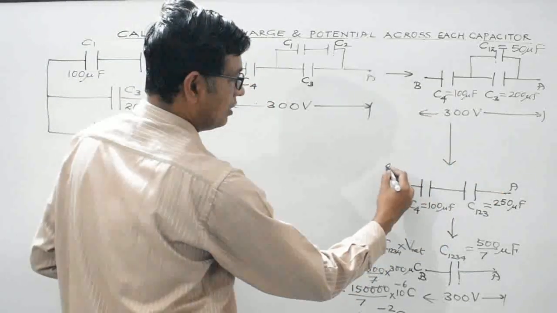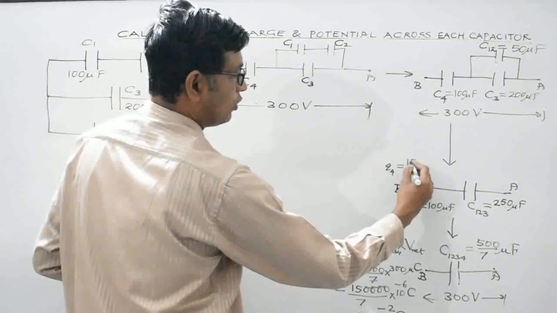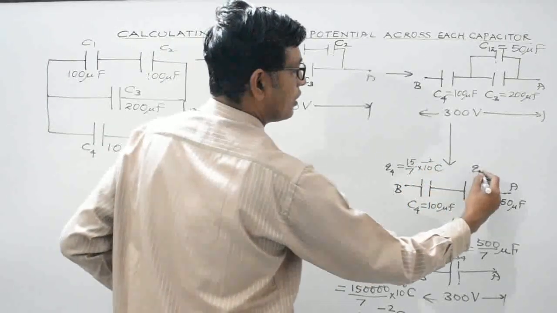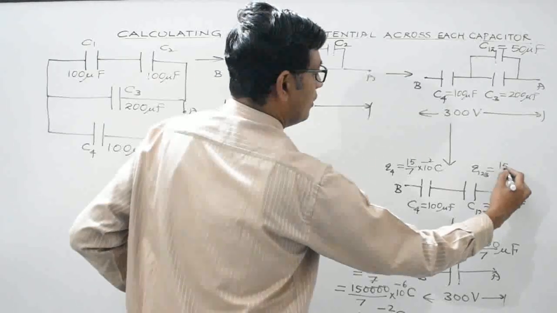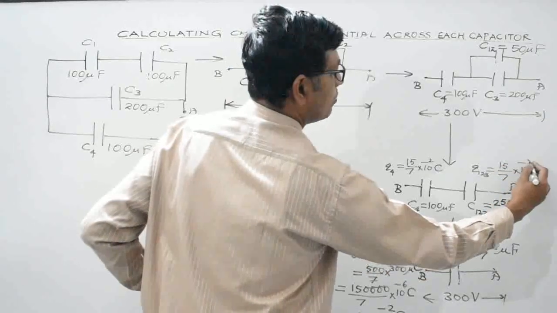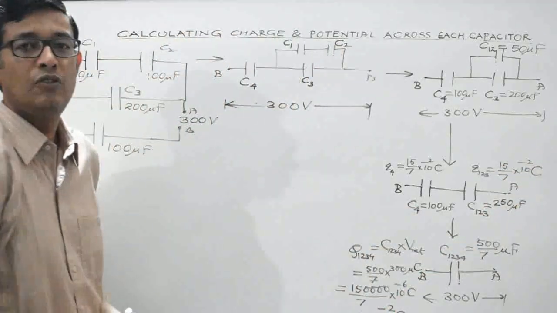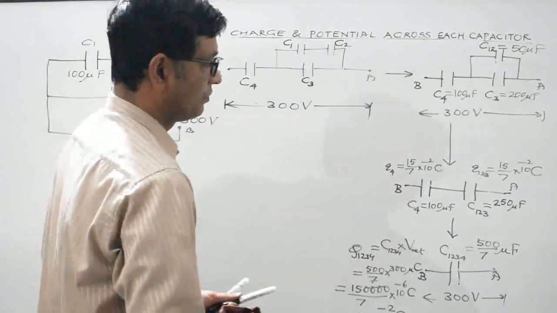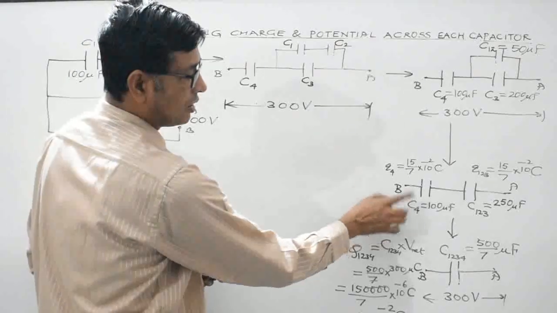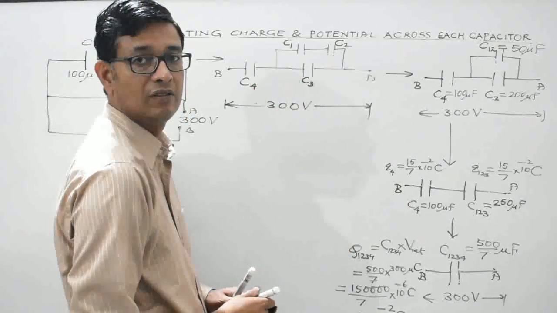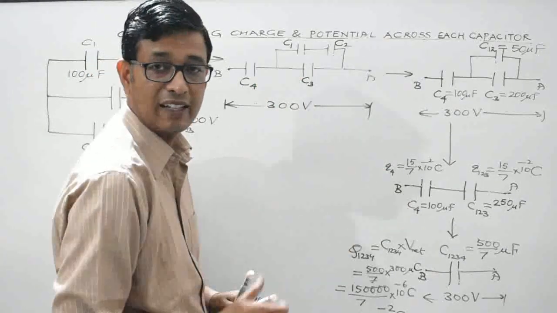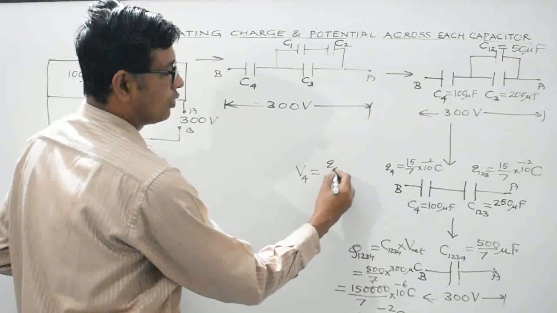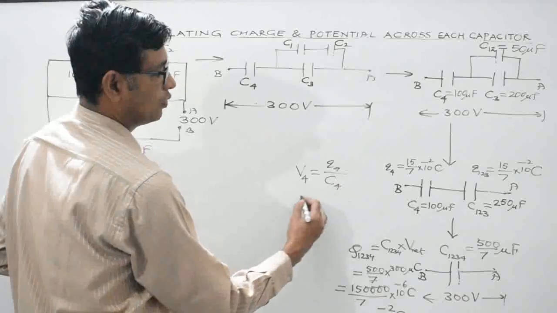So over here, Q4 will be equal to 15 by 7 into 10 to the minus 2 coulomb, and Q123 should again be 15 by 7 into 10 to the minus 2 coulomb. Right? Now consider capacitor C4. C4 is given, Q4 is given, V4 can be easily calculated.